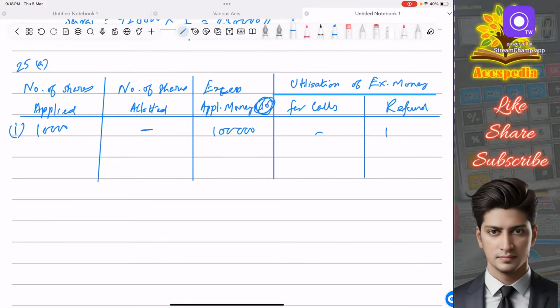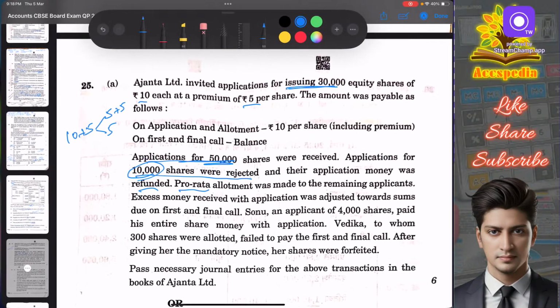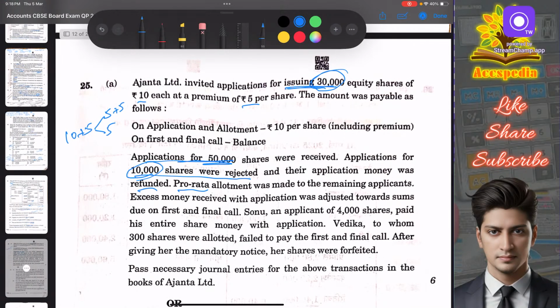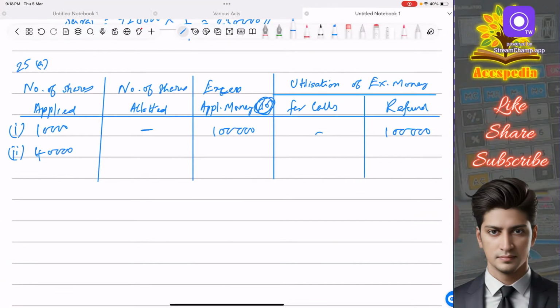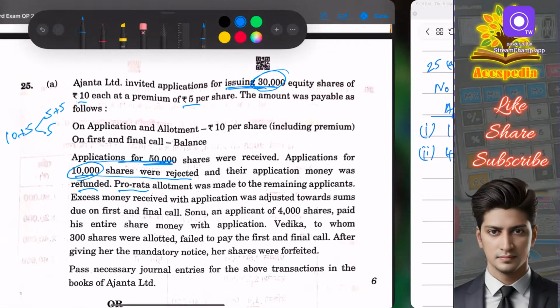Since it is rejected, you have to refund. Then the remaining 40,000 applications are pro rata. How much can we allot? Maximum 30,000 only. Here also excess on 10,000 shares, 10,000 into 10, is 1 lakh, but this 1 lakh we will utilize towards the next installment.